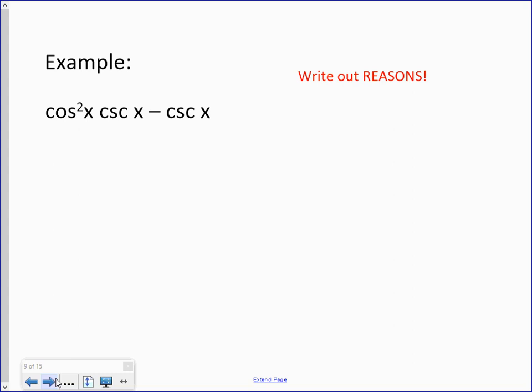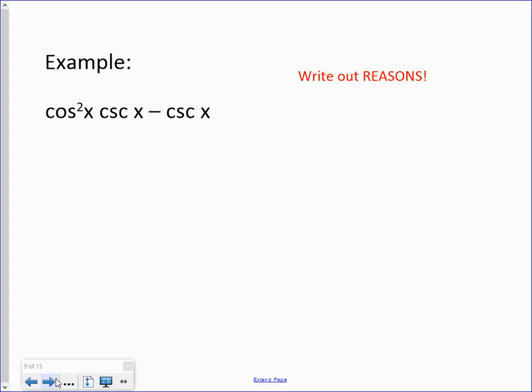Write it so it has fewer trig functions in it, see where it goes. It's just like the problems you're doing on the doublets worksheet. Do one step at a time, have a reason for doing every step, and see where it could take you. If it's taking you into something really long and complex, maybe backtrack or restart, right? Don't let yourself get so confused with it that you give up all hope.